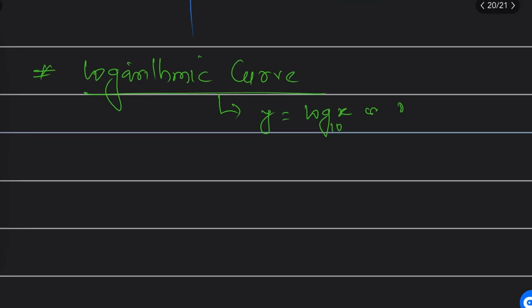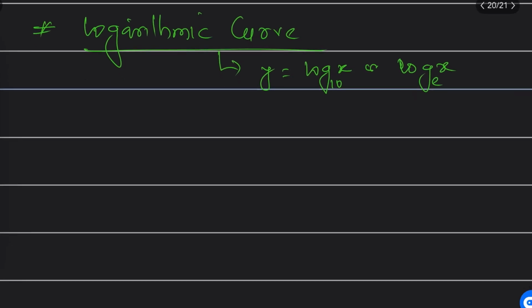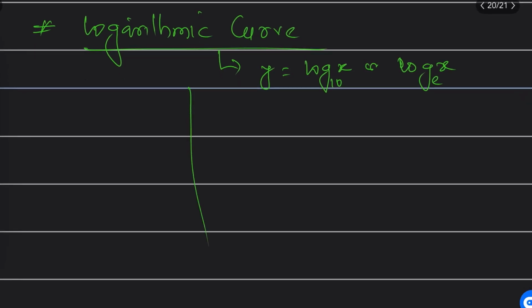We already discussed log in I think the second or third video, so you can go and check. You will understand everything there. Let me discuss the graph here. What is important is the graph, how it appears and how it looks.